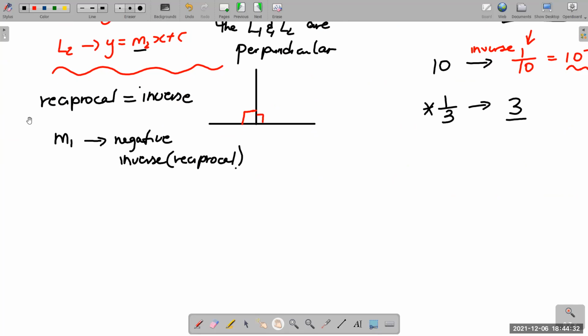So how do I use one to find the other? Like I said, M1 is the negative reciprocal of M2. So that means M2, sorry about that, M2 is equal to -1/M1.